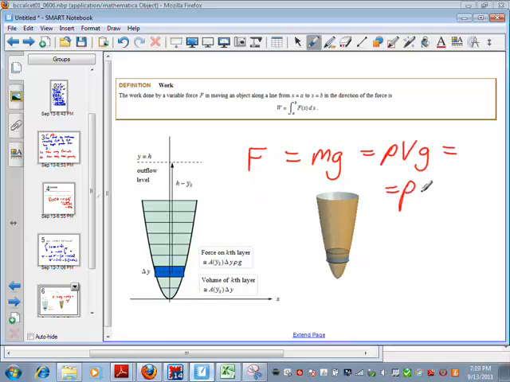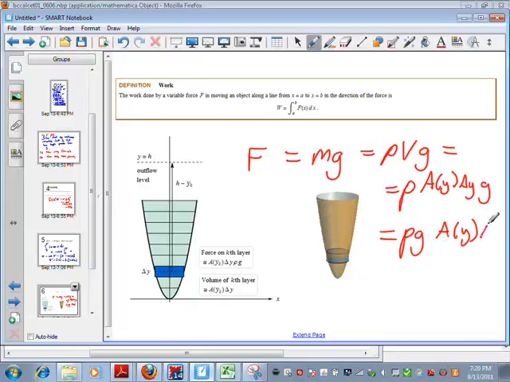The volume is simply the area at that particular y times the width. So this is the volume, that's gravity, and that is the density. That's how they get this: the area times the width is the volume, times the density times gravity.